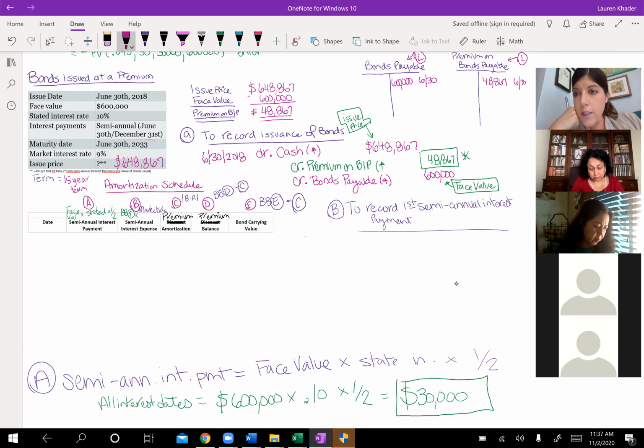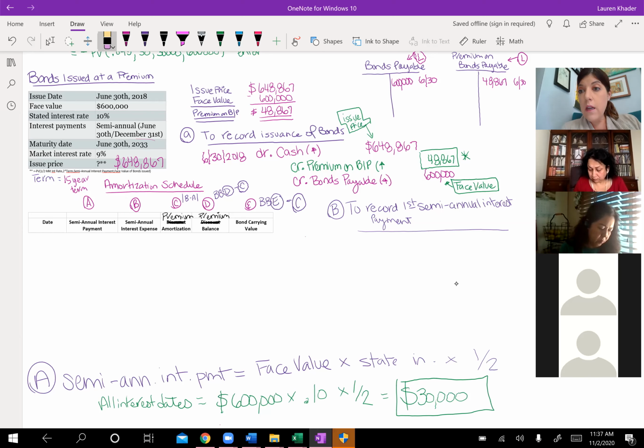For our amortization schedule, do you guys want a moment to write it down? Yes, please. Okay, so it's the same schedule as before. We have our date in the first column. Column A is our semi-annual interest payment. Column B is our semi-annual interest expense.